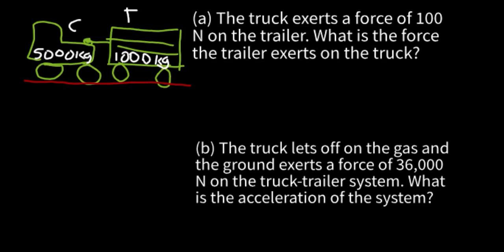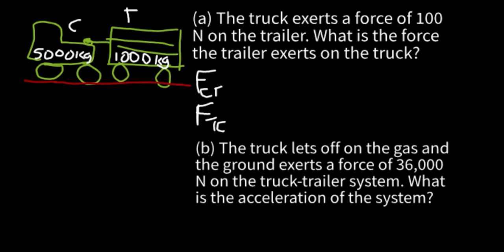Alright, here's a quick practice problem to really pull everything together that we've learned. So the truck exerts a force of 100 newtons on the trailer. What is the force the trailer exerts on the truck? So we're going to be referring to the truck as C and the trailer as T. So we are given F sub CT, and we want to find F sub TC.